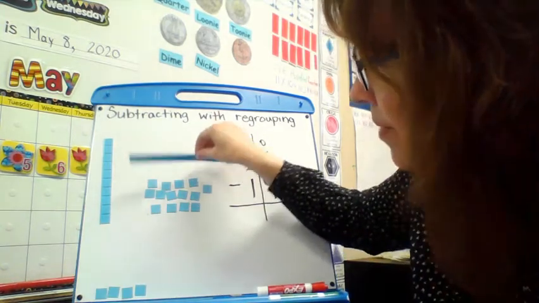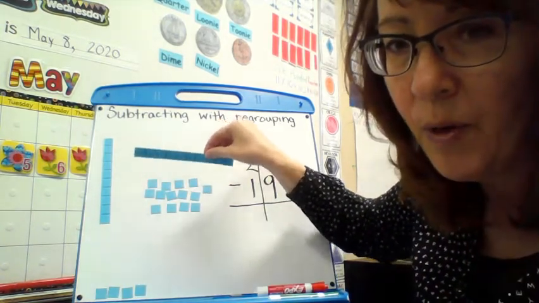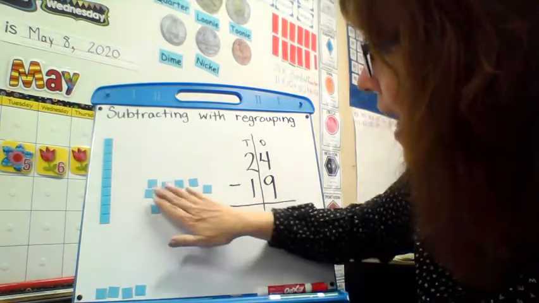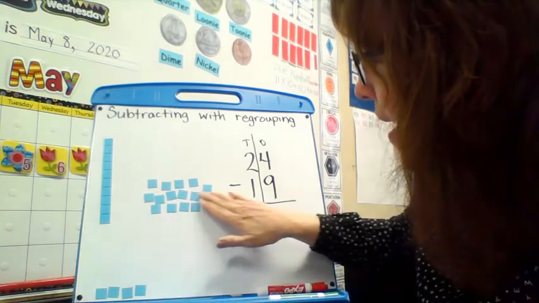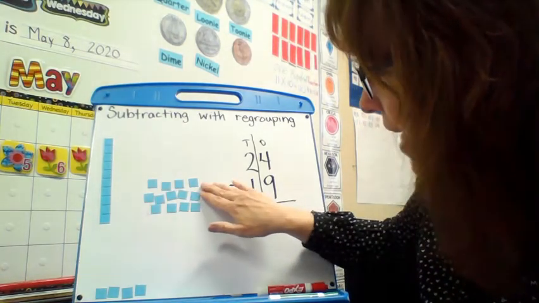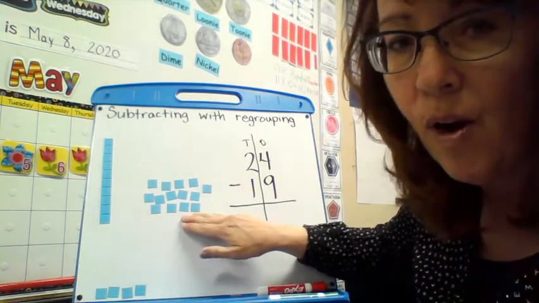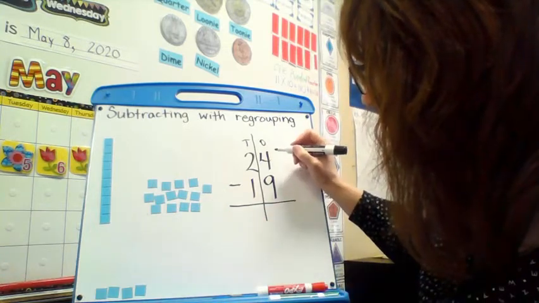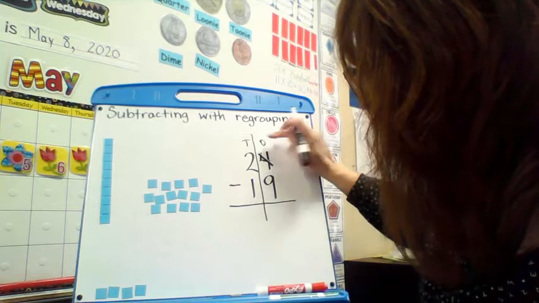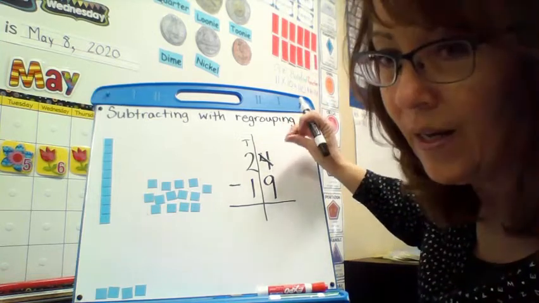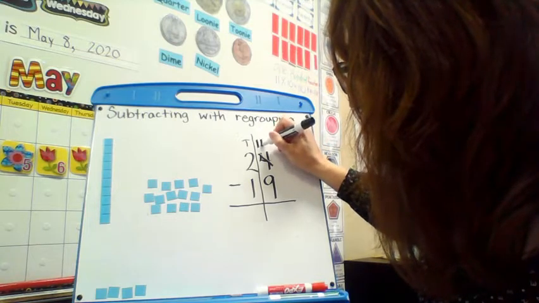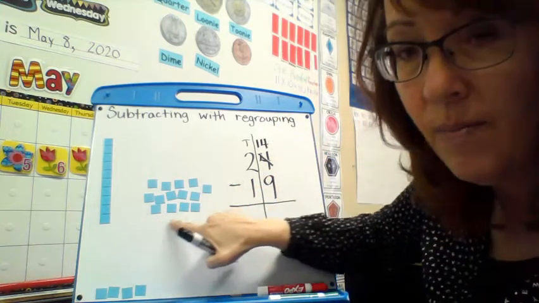That is the same as my group of 10. So I'm going to move this down. I've taken my group of 10, I've split it apart, and now how many do I have? Well, I have 10 and then the 4 more. I have 14 now. So over here in my ones place, I want to cross out my 4. I'm going to move my 1, and I'm going to show that I now have 14 ones. Can you see them?